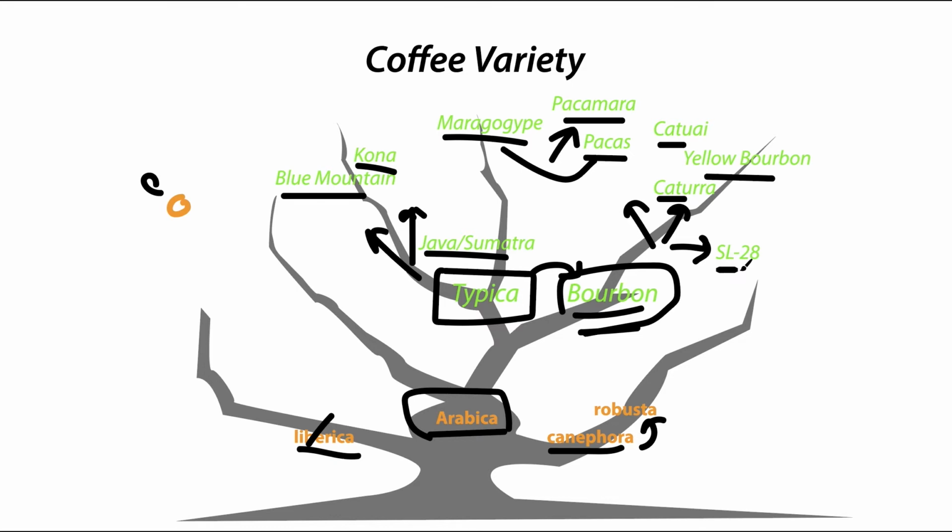And I think the SL28 is a Kenyan variety that was purposely made. A scientist or a farmer, I think, tried to create this. So as you can see, coffee, just like apples or corn or any other crop, has been meddled with to try and get the best qualities and flavor profiles.